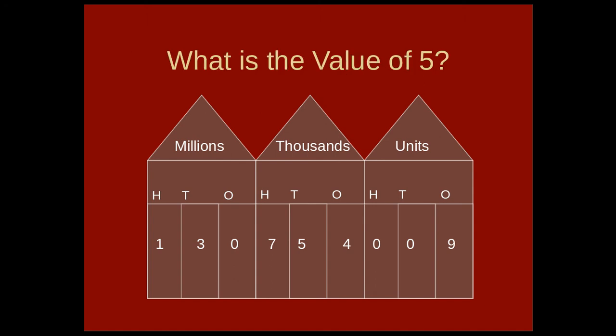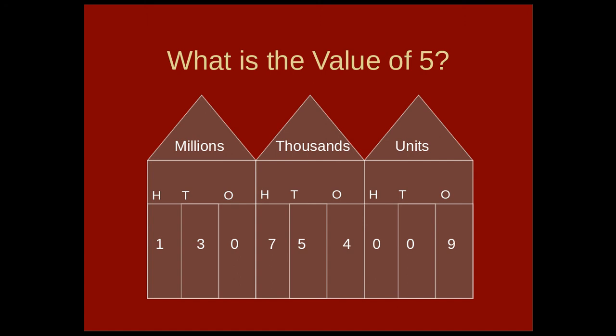Then we're looking at the value. What's the value of 5? Well, let's go ahead and look in the houses. Let's see where the 5 is. Oh, I found the 5. He's in the thousands house. He's in the tens of the thousands. So what am I going to do?